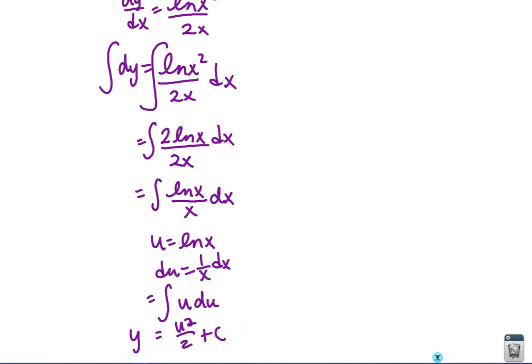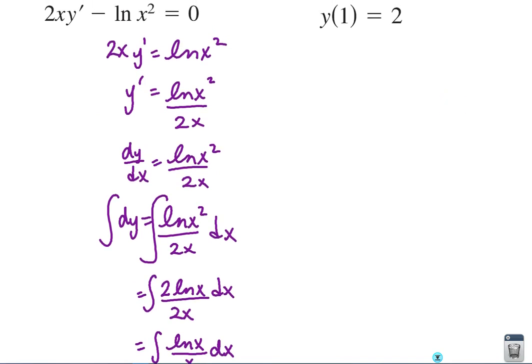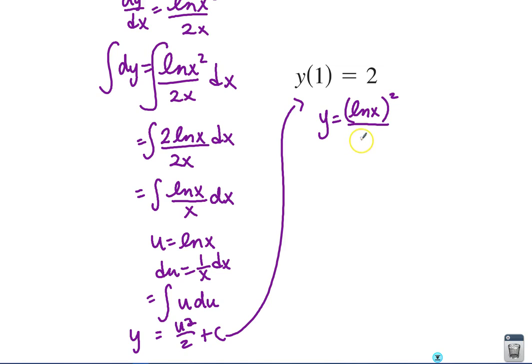Just because I want to keep that initial condition nearby, I'm going to scroll up, grab this, bring it down. So y is equal to u squared, so the natural log of x squared over 2 plus c.